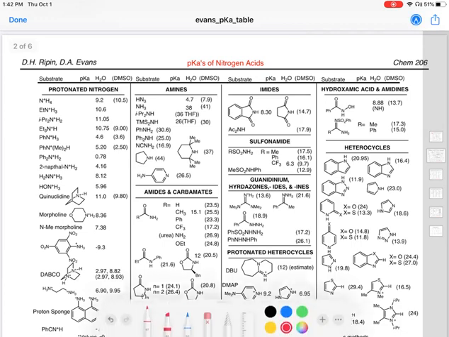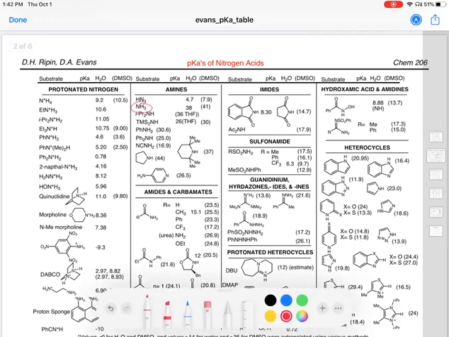Actually, what about ammonia? So ammonia is a base. It has a pKa of 38, so that's a lot higher than the pKa of acetylene. So that could be our conjugate acid, and we'll figure out what the base would be from there. Okay, so let's do that.